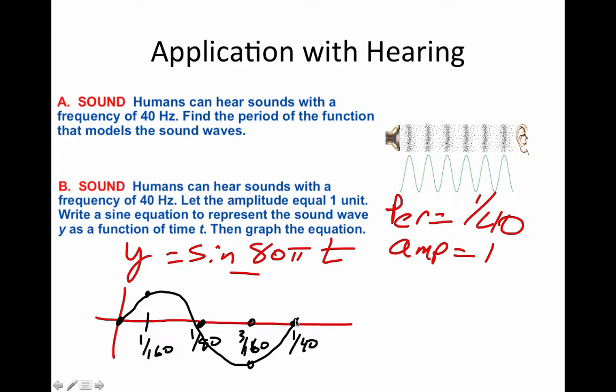And it's all about labeling your axis. So this was 1, and this was -1, and this is the t, and this is our period 1/40th, talking about the frequency being 40 hertz. So you know the sound waves. This is not to scale. You can draw it with any scale you want as long as you label it.